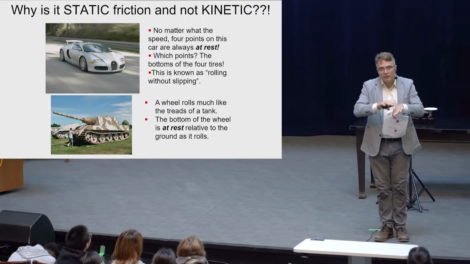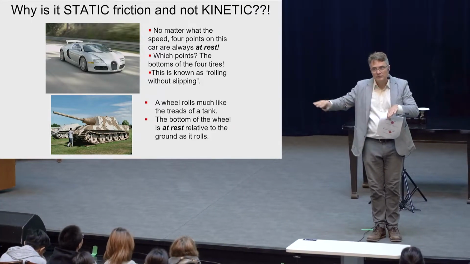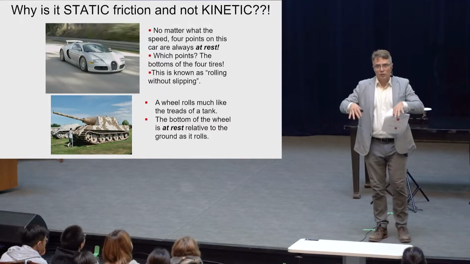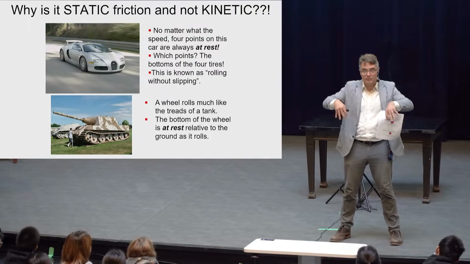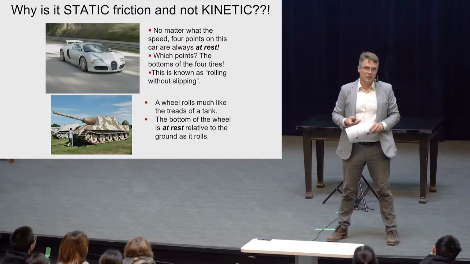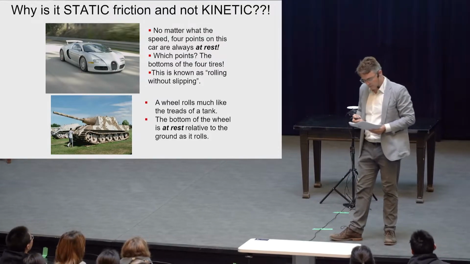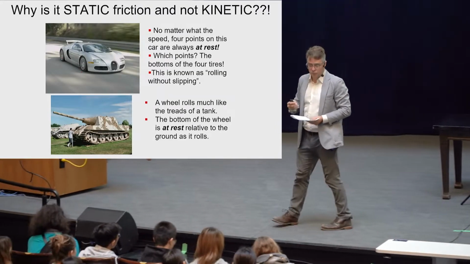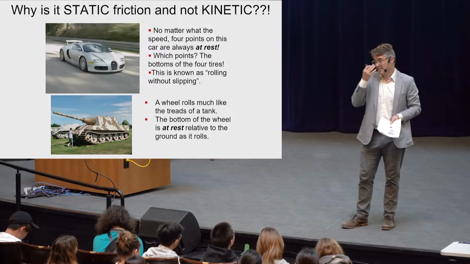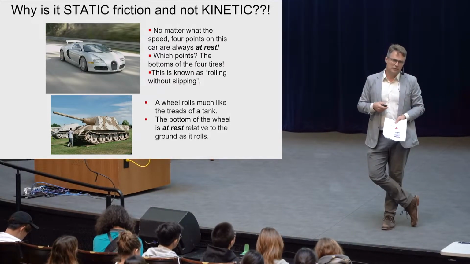But think about the bottom of that tank tread. While the tank is moving over it, those spikes are drilled into the ground, so they're not moving. They're at rest. The bottom of any wheel that's rolling without slipping is at rest. That's what I'm trying to convince you of.